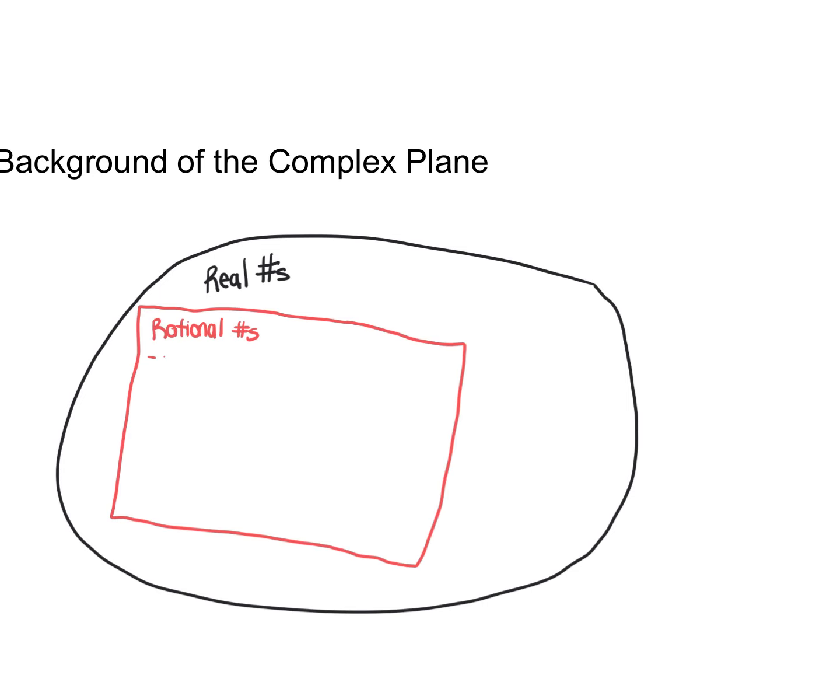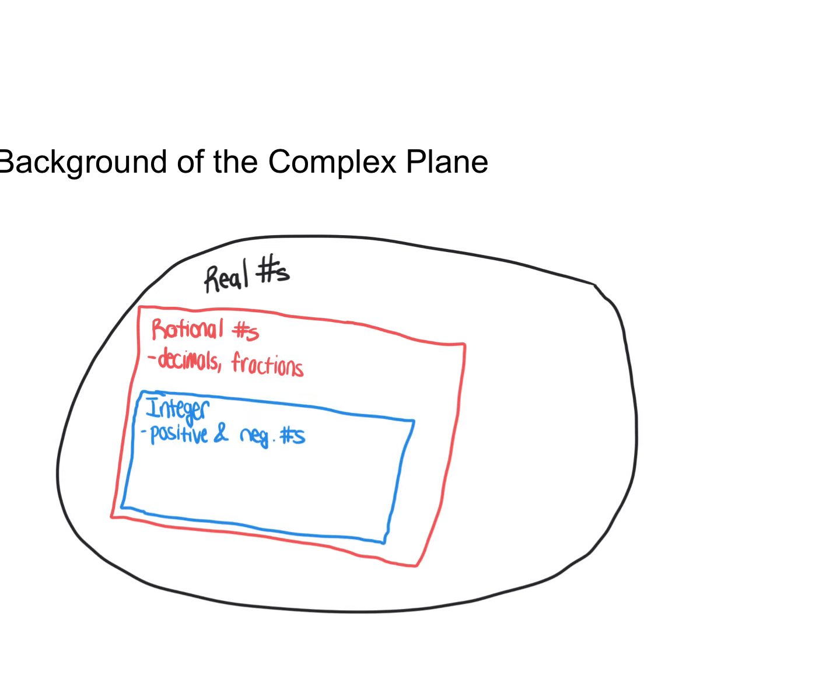These are the decimals and fractions, and a specific type of rational number is an integer. Integers are all positive and negative, and also rational are positive and negative. And then inside the integers, we have the whole numbers.